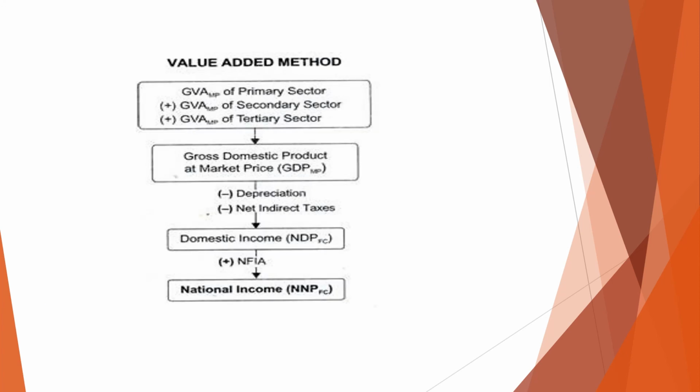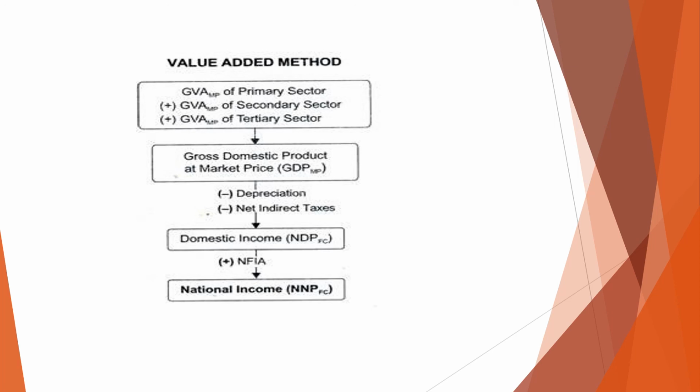Now, how to calculate GVA at MP from the value added method? First of all, take GVA at MP of the primary sector, add GVA at MP of the secondary sector plus GVA at MP of the tertiary sector.